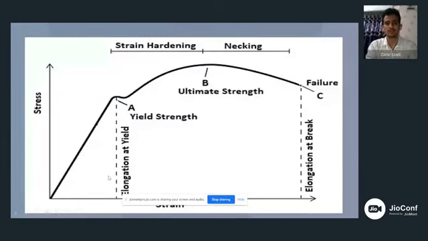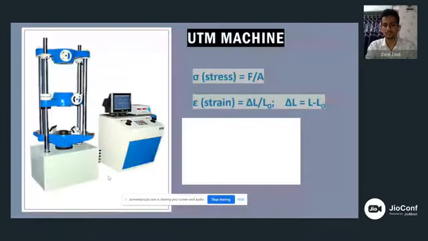So the question occurs: how in industry, how in practical application, do we derive this property? Here is the tensile testing machine, in which we can directly derive stress and strain by calculations, and we can say what is the tensile strength of the particular material.